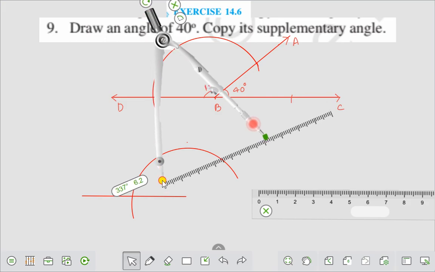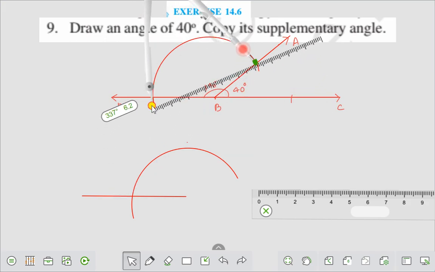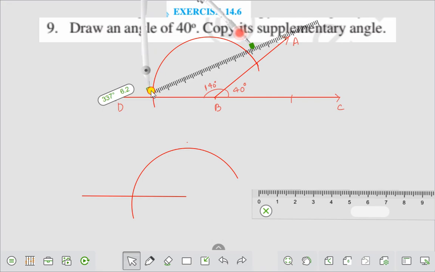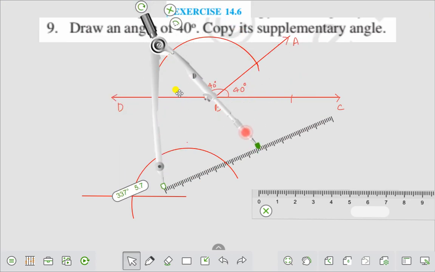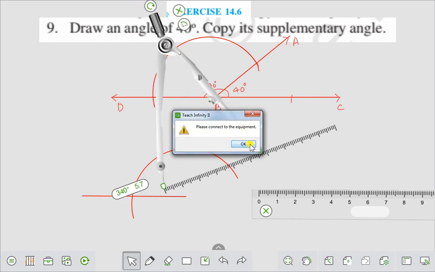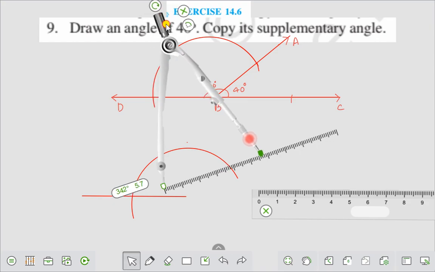You have to put this point here and draw an arc here. You have to do it properly so that you will get the exact value of 140 degree.